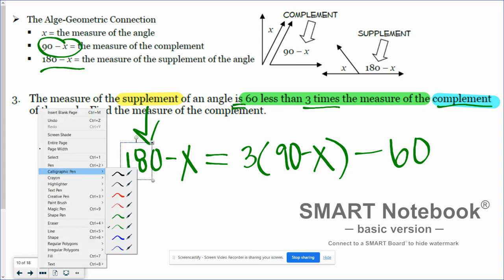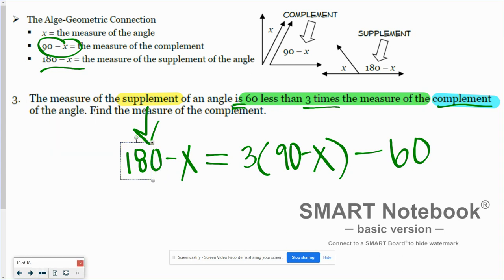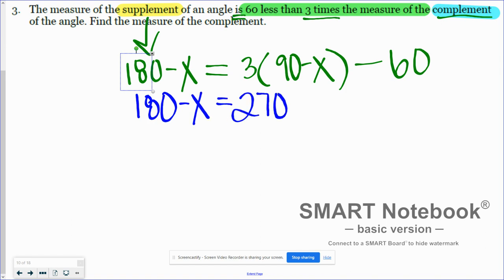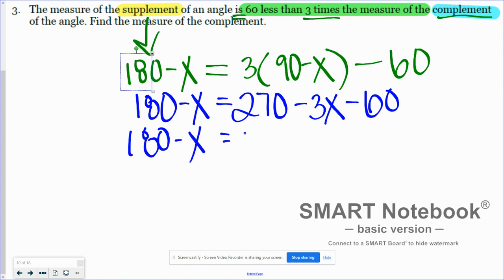So now we simply need to solve this equation. So we're going to distribute. So we have 180 minus x is equal to 270 minus 3x minus 60. And then it's time to combine like terms. So we have 180 minus x is equal to 210 minus 3x.